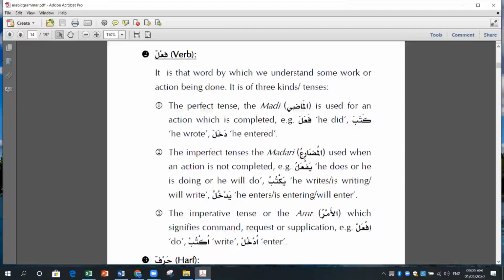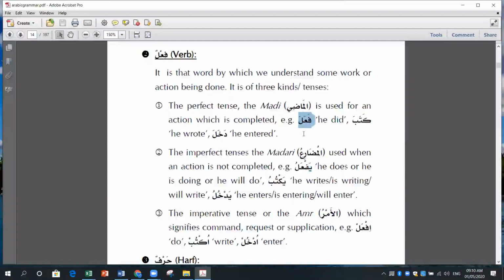And the symbol is, if I tell you, you can note down four letters. Ya, this small ya, right? If you compare with fa'ala, what extra letter can you find here? It's ya. Otherwise, fa, ain, lam were present in this also, right?